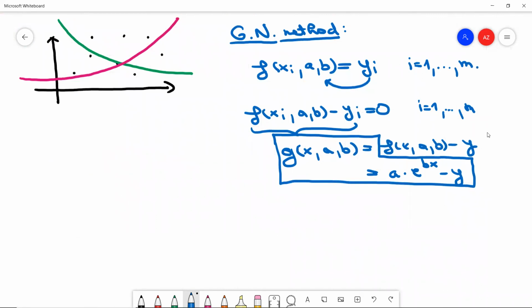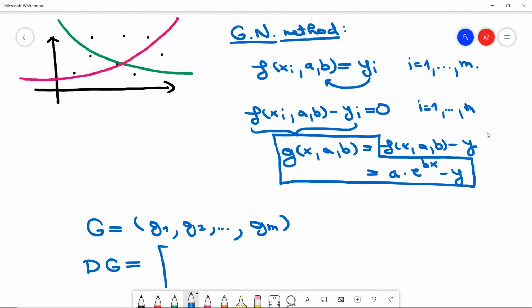So what we will need for the Gauss-Newton method to work is first the Jacobian matrix. So our G is now G1, G2 up to Gm. And we need the Jacobian matrix of this G, which is the partial derivative of G1 with respect to the first unknown. In our case, the unknown is a. And then the partial derivative of G1 with respect to the second unknown, which is b.